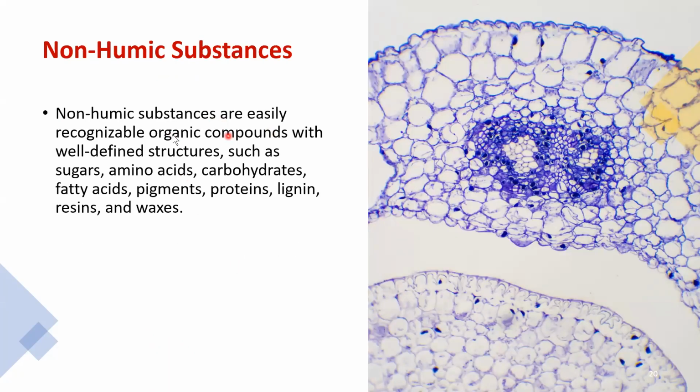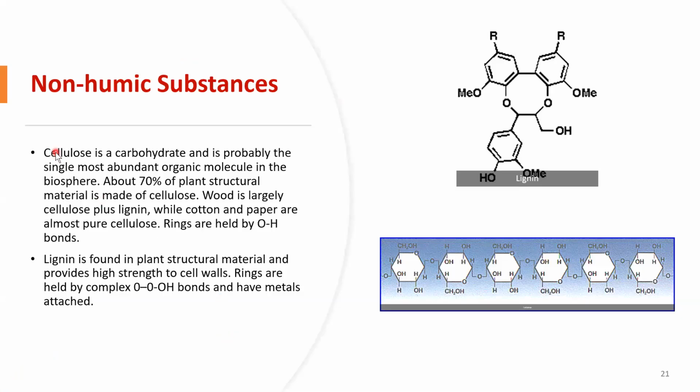Non-humic substances are easily recognizable organic compounds with well-defined structures such as sugars, amino acids, carbohydrates, fatty acids, pigments, proteins, lignins, resins, and waxes.